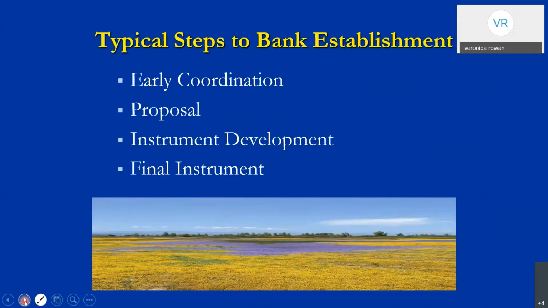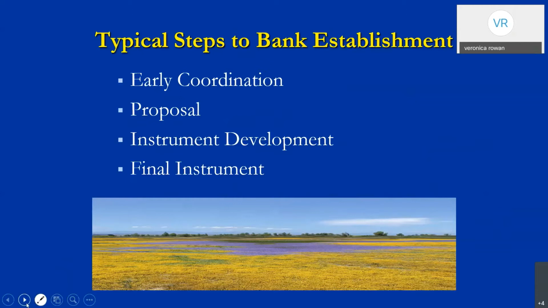So let's look at what the steps are for bank establishment. Typically, we'd like to see all of these steps happen. Early coordination being one of the things that is generally optional.